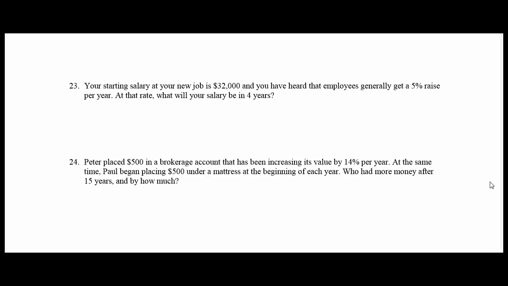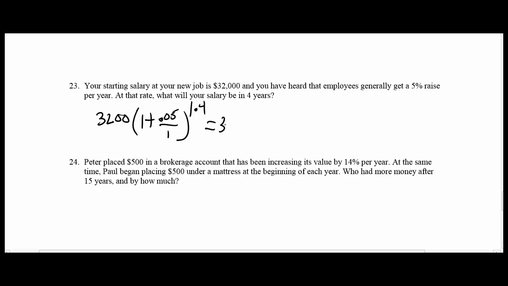All right, number 23, your starting salary at your new job is $32,000, and you've heard that employees generally get a 5% raise per year. At that rate, what will your salary be in 4 years? Okay, so we want to set up our exponential growth formula. So our initial amount, 32,000 times 1 plus, and we get a 5% raise once a year, and that's for 4 years.